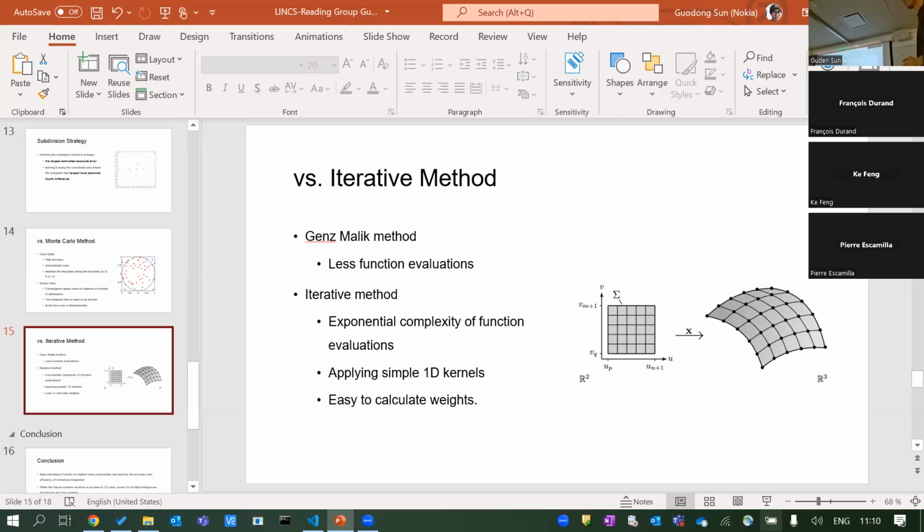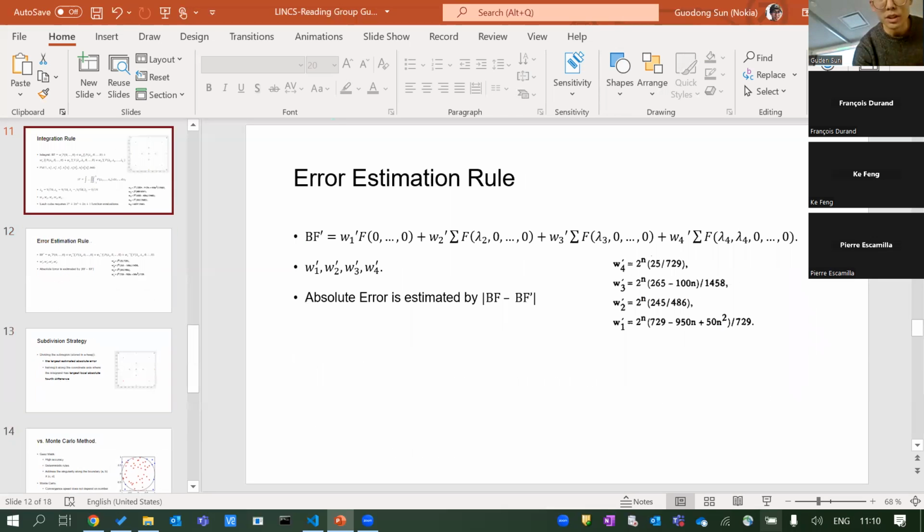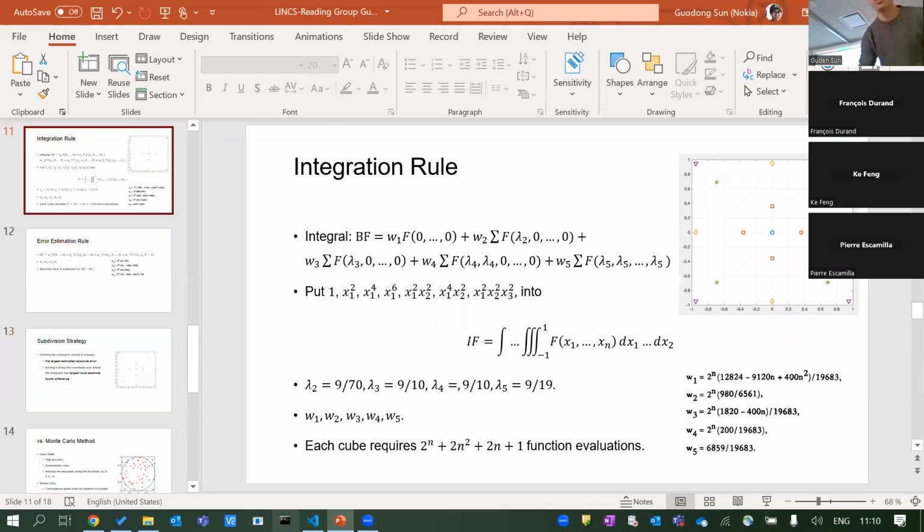But Guodong, it's still exponential, isn't it? Because if I remember well, the number of points to compute was something like blah blah to the power n, isn't it? Yes, but that's the point I want to discuss here. Each cube requires 2 to the power n plus 2 points. This is the highest order. This is also exponential, but you can subdivide this cube, and you don't have to sample across this dimension in the whole interval.